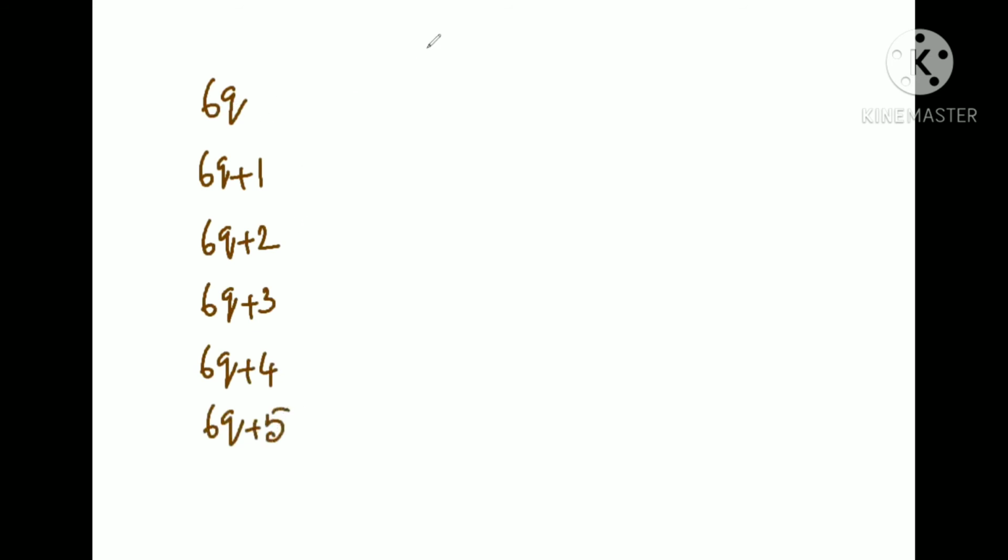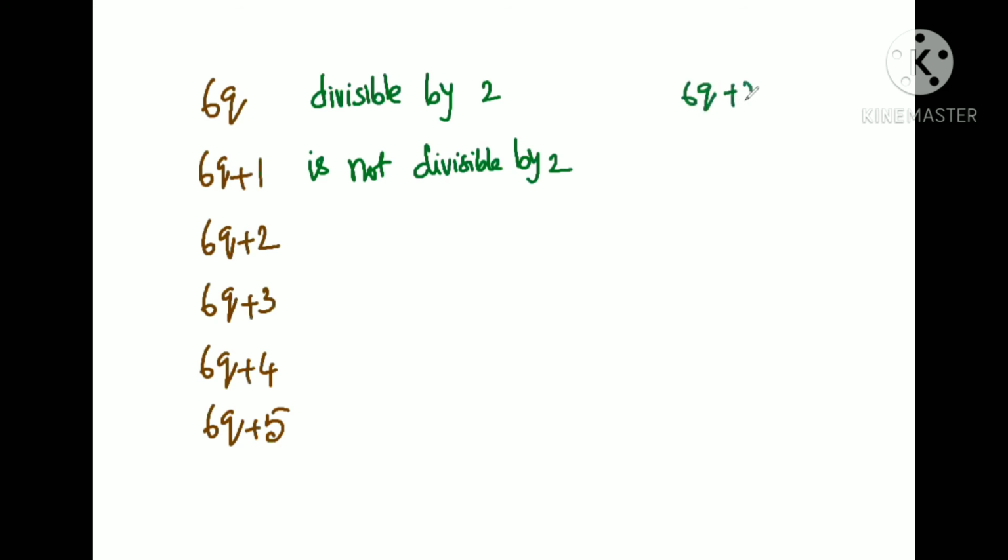The 6q is divisible by 2, because 2 3 are 6. But 6q plus 1 is not divisible by 2, and 6q plus 2 is divisible by 2. How can we decide? 6q is divisible by 2, 2 also divisible by 2.